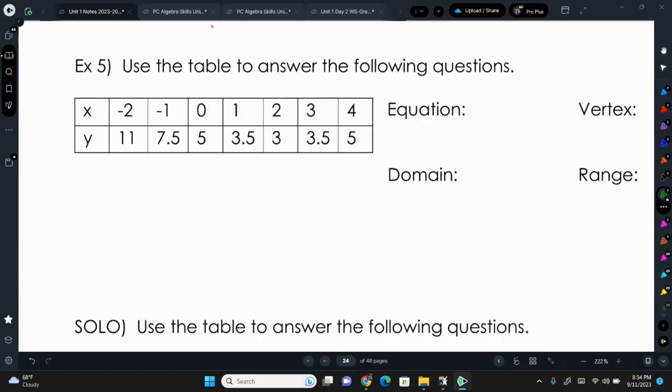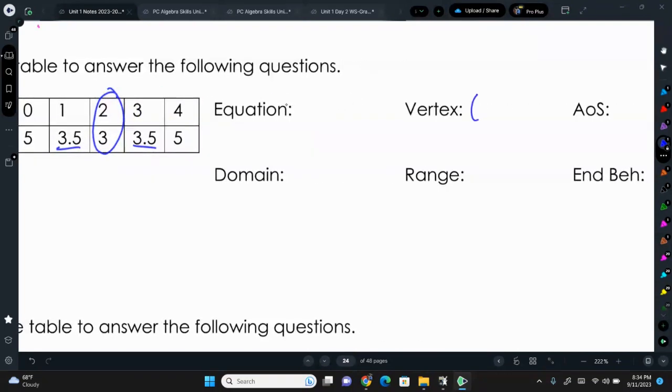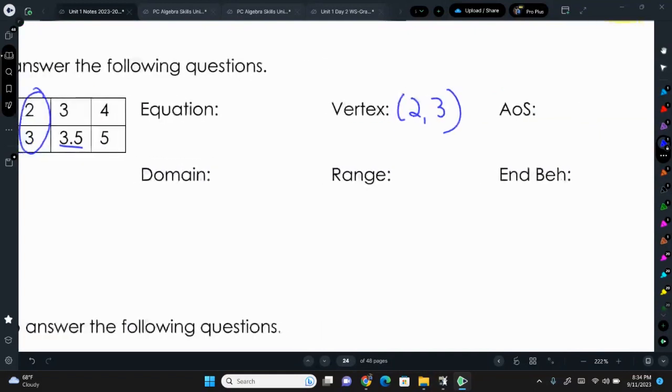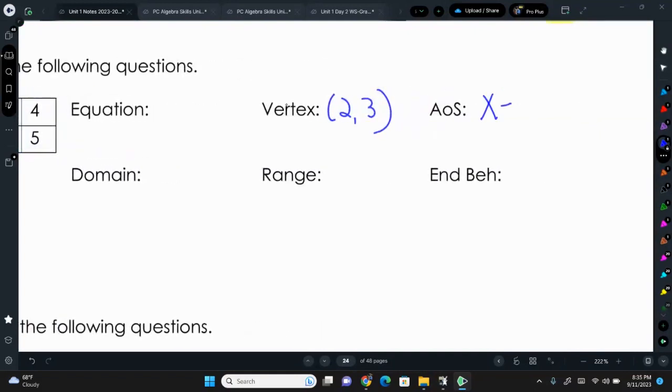All right, so we have this problem here, and we look at the y values. We see the vertex is right here at 2, 3, because it's in the middle of these two y values. So the vertex is 2, 3, which means our axis of symmetry is x equals 2.